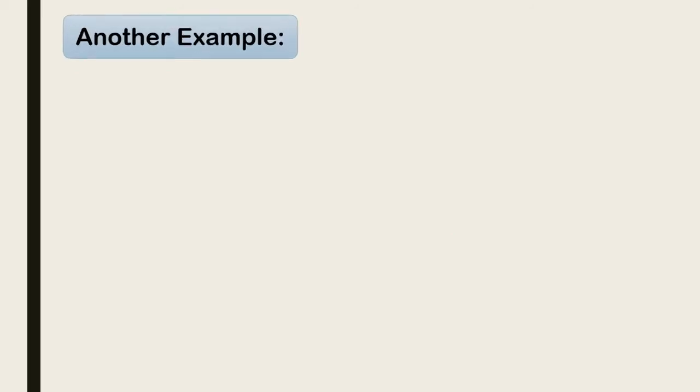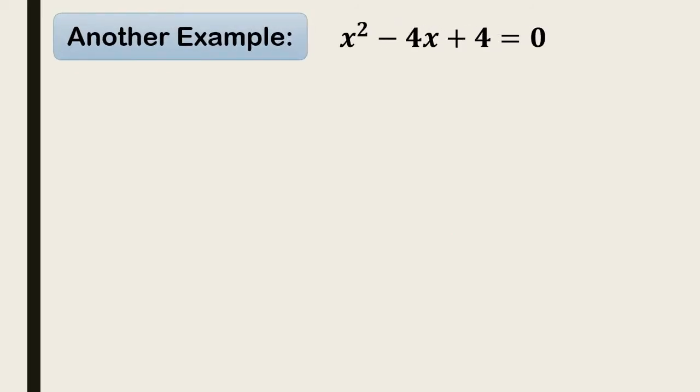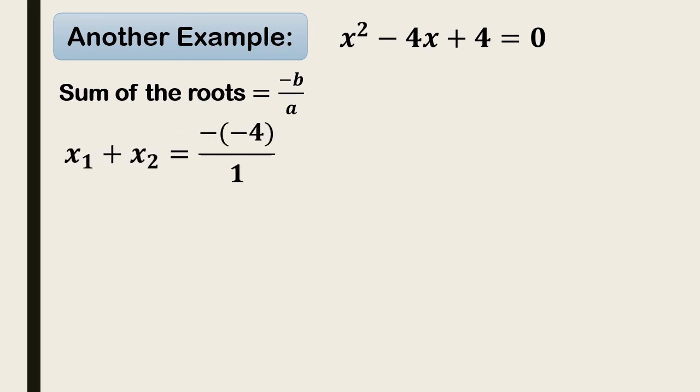Another example, x squared minus 4x plus 4 equals 0. Now, let's find the sum of the roots of the quadratic equation. So, let's substitute the value for b and a. So, x sub 1 plus x sub 2 equals copy negative sign and substitute the value for b.